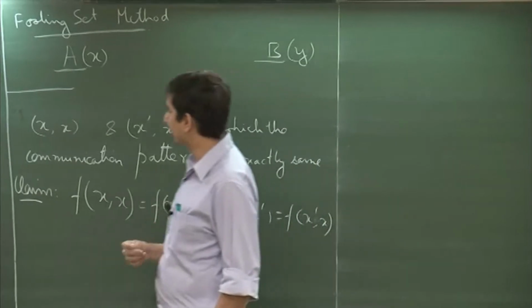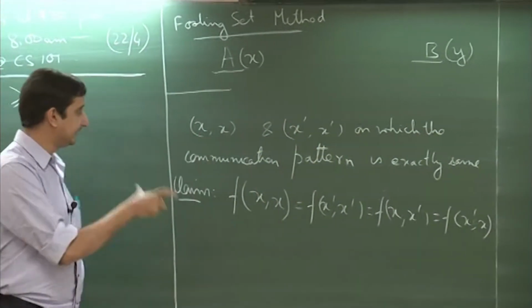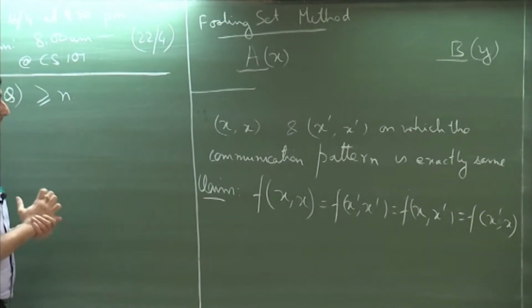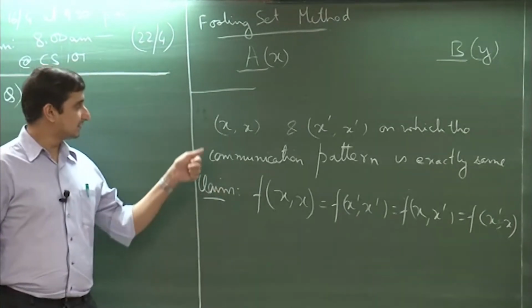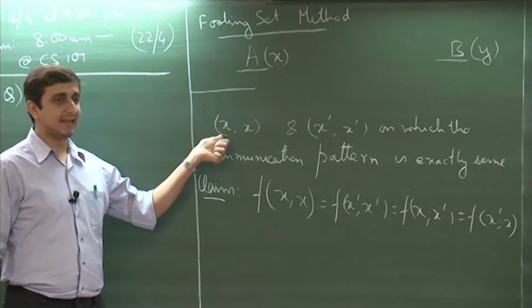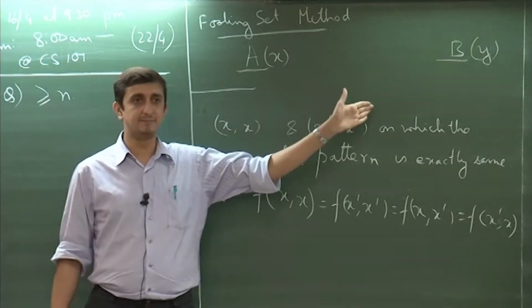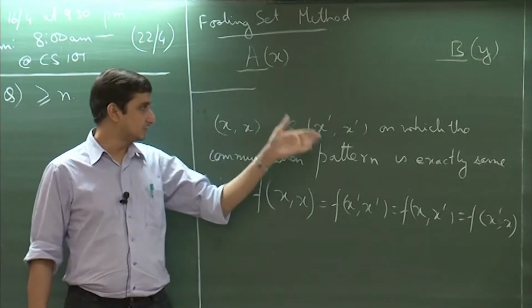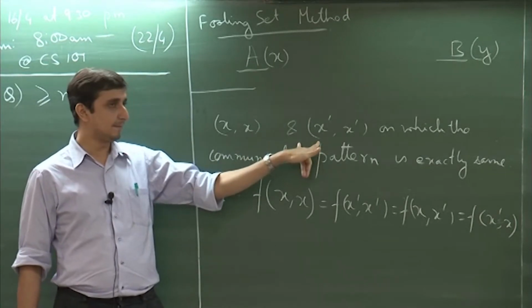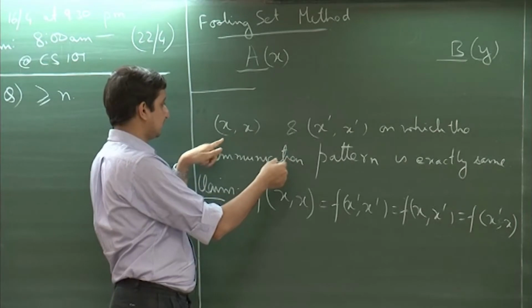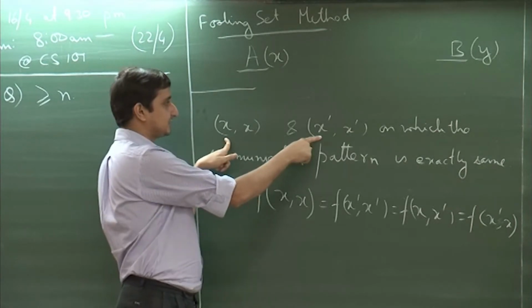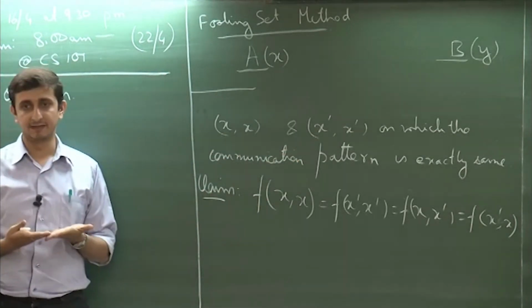Again, it is a very easy inductive argument. I will not give the inductive proof, but let us look at the idea behind it. So, suppose Alice has x, and she communicates a bit B1. Okay. So, by our assumption, we know that irrespective of Alice having the string x or x prime, she does the same thing.